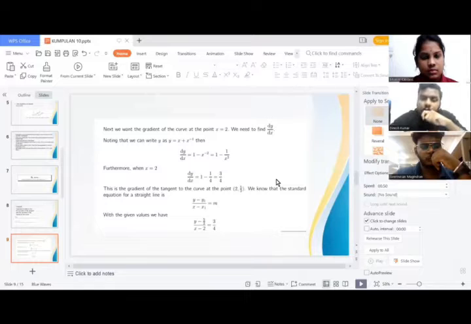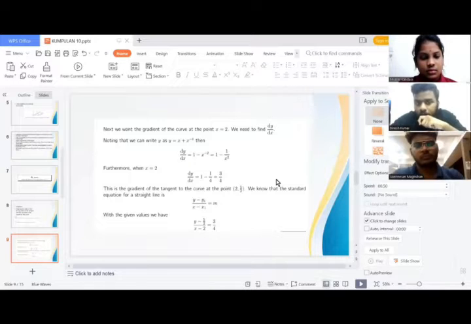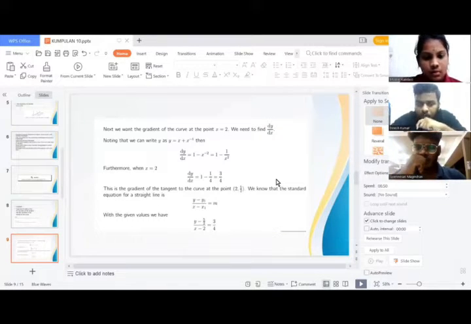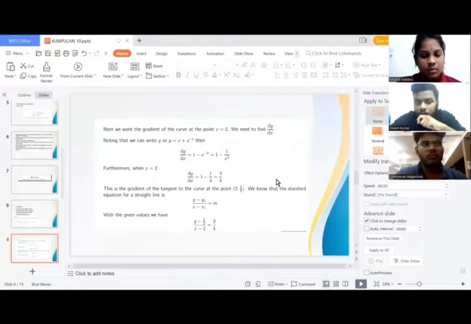Then dy over dx is equal to 1 minus x to the power of -2, which is 1 minus 1 over x squared. Furthermore, when x is 2, dy over dx equals 1 minus 1 over 4, which is 3 over 4. This is the gradient of the tangent to the curve at the point 2, 5 over 2.